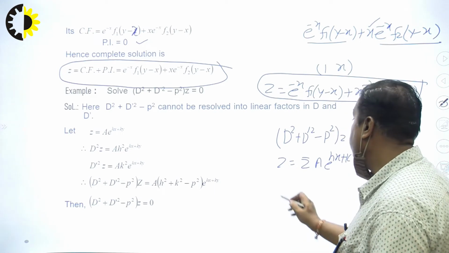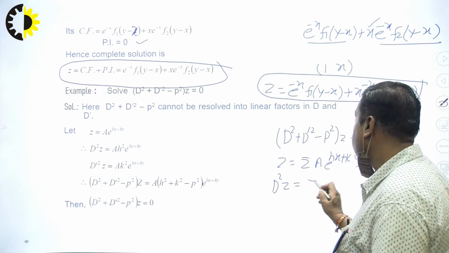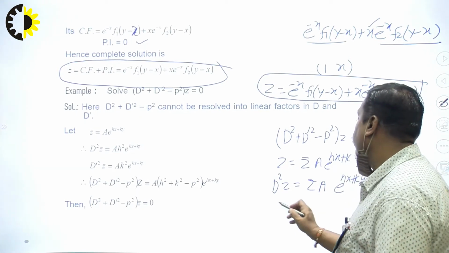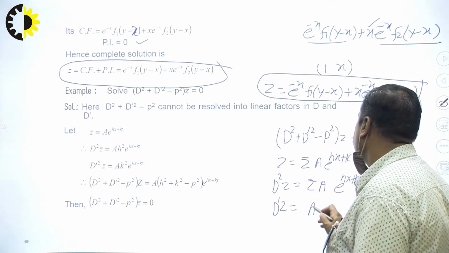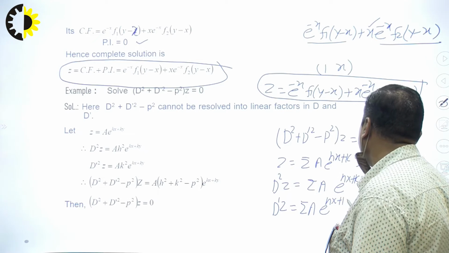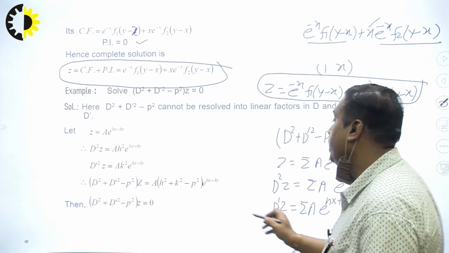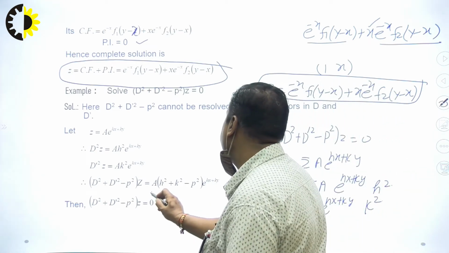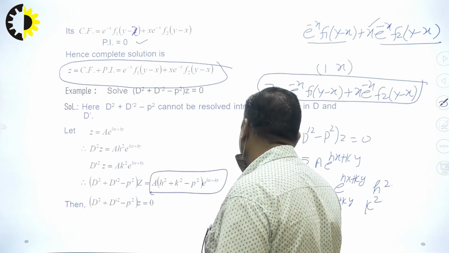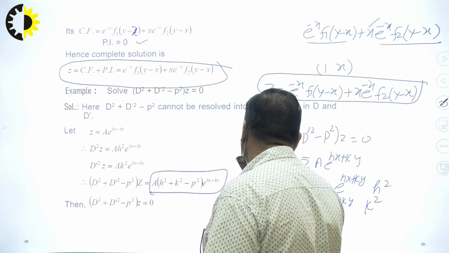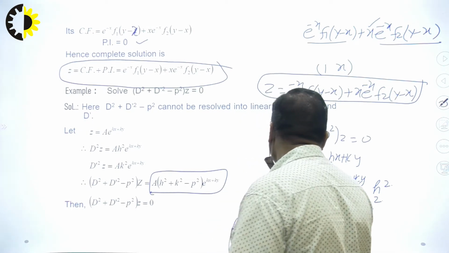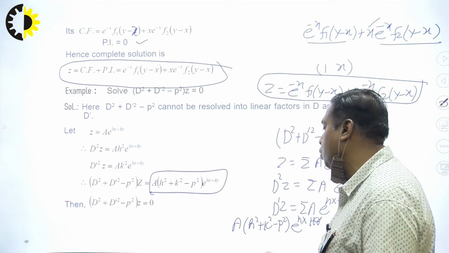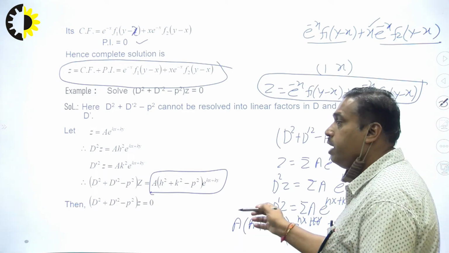Putting the value of D²z as summation a e^(hx+ky) times h², and D'²z as summation a e^(hx+ky) times k², and putting this value in our equation, because it is our trial solution, that becomes a (h² + k² − p²) e^(hx+ky) = 0. This factor a e^(hx+ky) is non-zero because it is the solution, and a solution is never taken as 0.